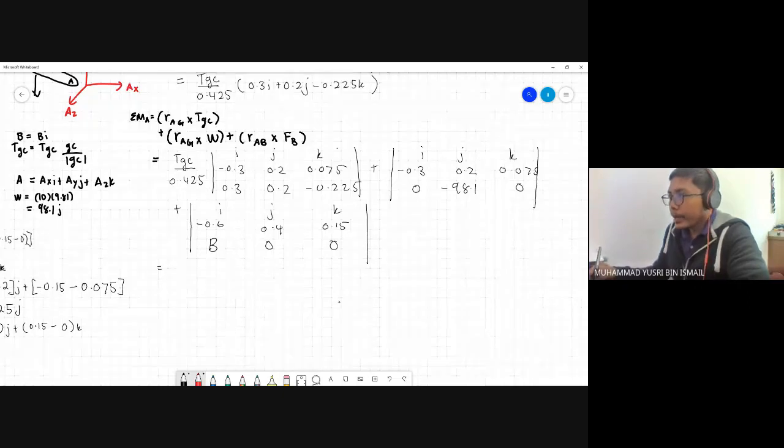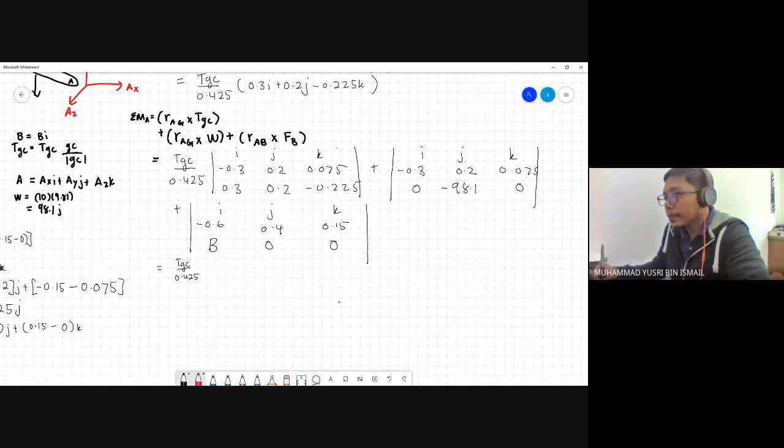okay, I will show you this part, so TGC over 0.425, I 0.2 times with negative 0.225 minus with 0.75 times with 0.2.